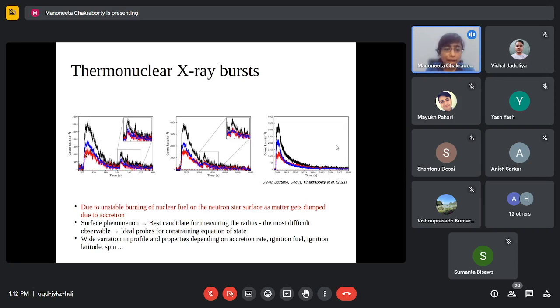And not only that, sometimes these thermonuclear bursts, as and when they cool and their intensity decays, are followed by a kind of smaller secondary burst as well. That kind of behavior is also seen, as you can see by the second blip that is shown here. And these objects are very, very interesting because they are happening on the surface of the neutron star.